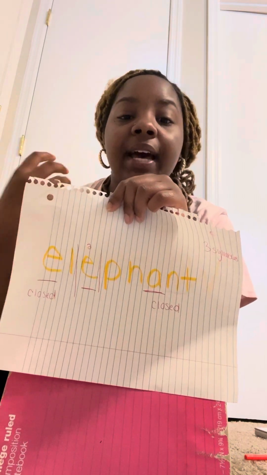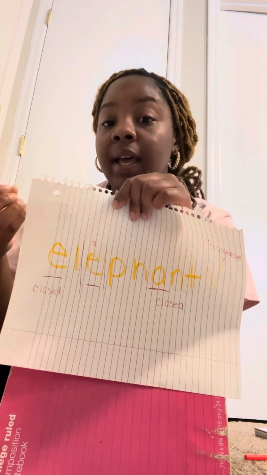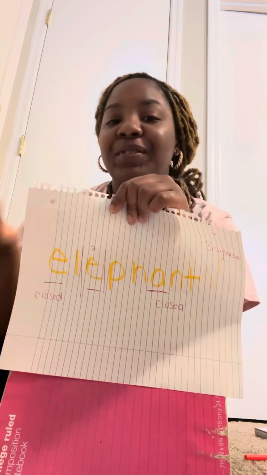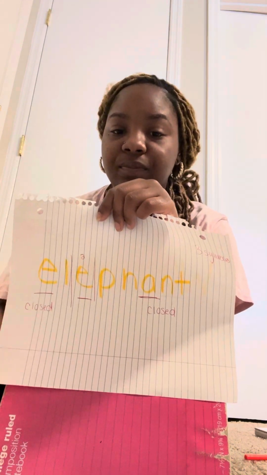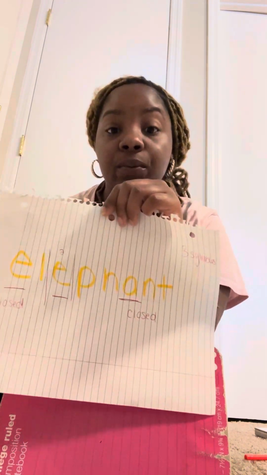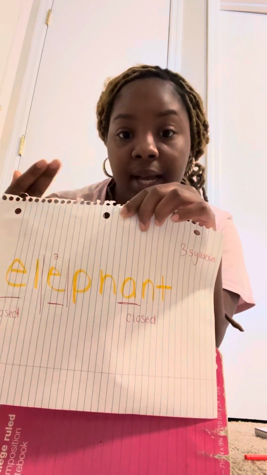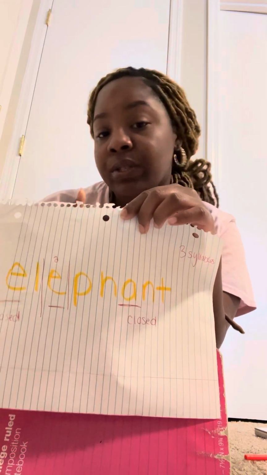And because we hear that unstressed vowel, we know that's the schwa. And we hear the word fant. And remember the rule, it's a closed vowel if it's surrounded by multiple consonants and it has a short vowel sound, which this does.